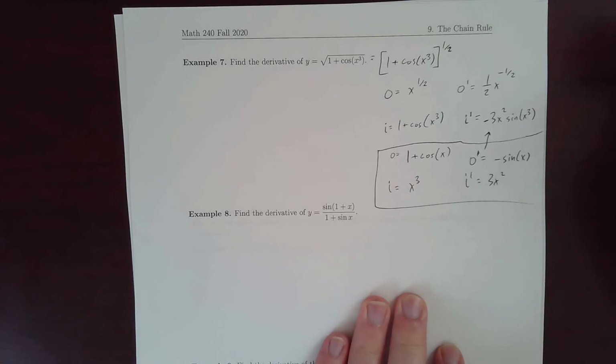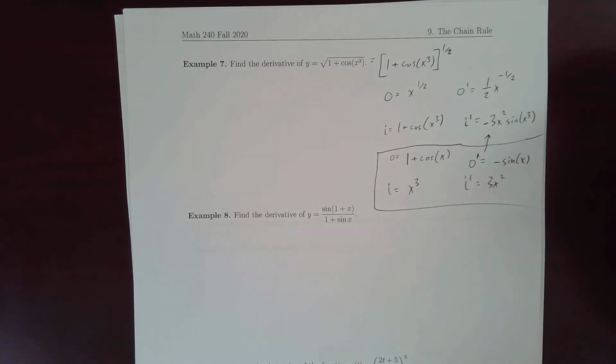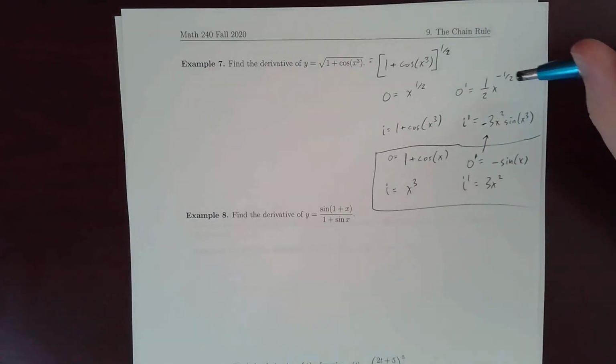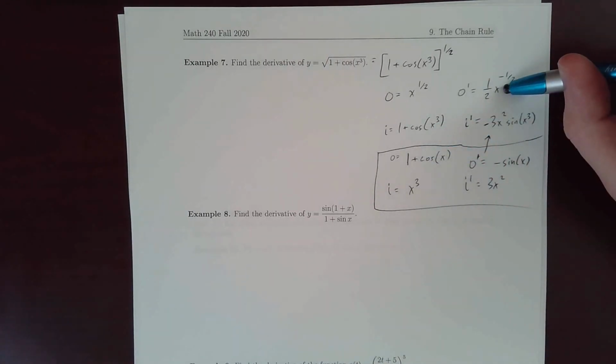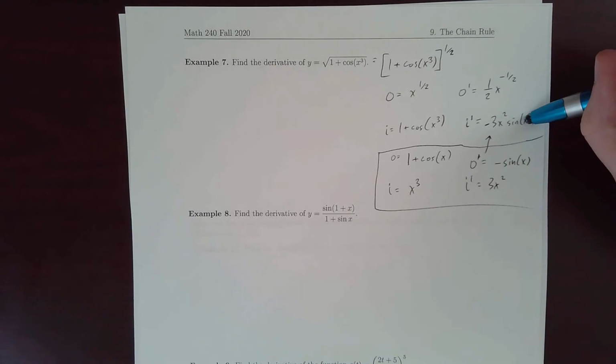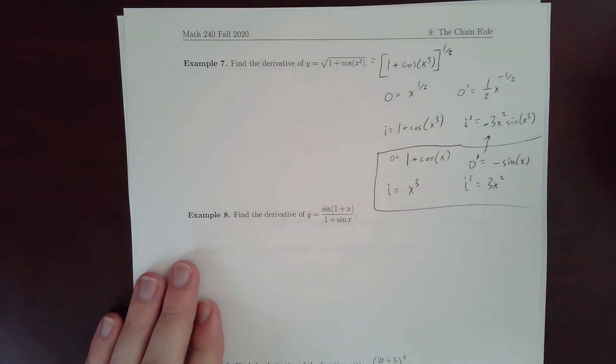Okay, exciting stuff. We've got chain rules in our chain rules. So we want the derivative of the outside with the inside plugged in times the derivative of the inside, which was a little bit complicated to do.